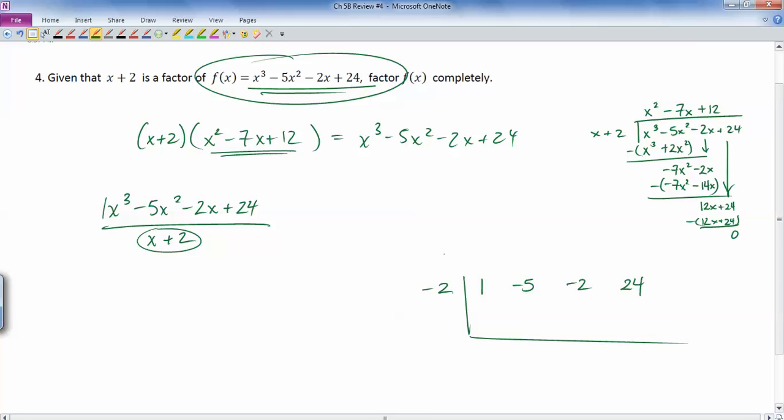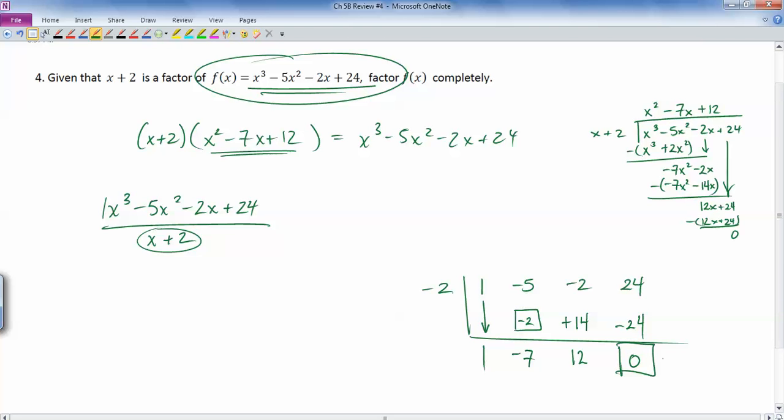When you do synthetic division, the first number always just comes down. Then to get this number, you multiply the negative 2 times 1. So you get negative 2. And then you add down. So that's negative 7. Then negative 2 times negative 7 is positive 14. And then you add down and you get 12. Then you do negative 2 times 12 and you get negative 24, and you add down and you get 0.